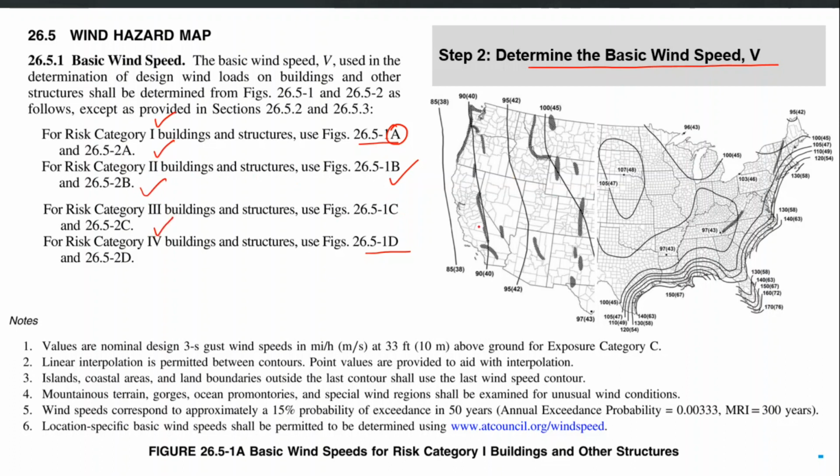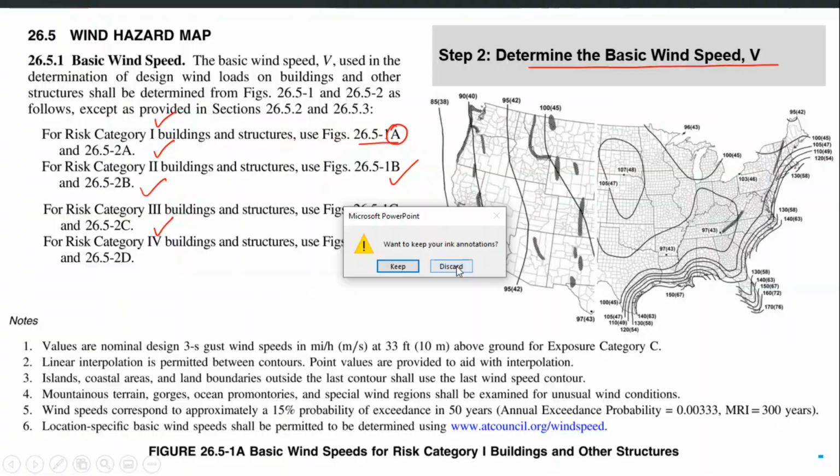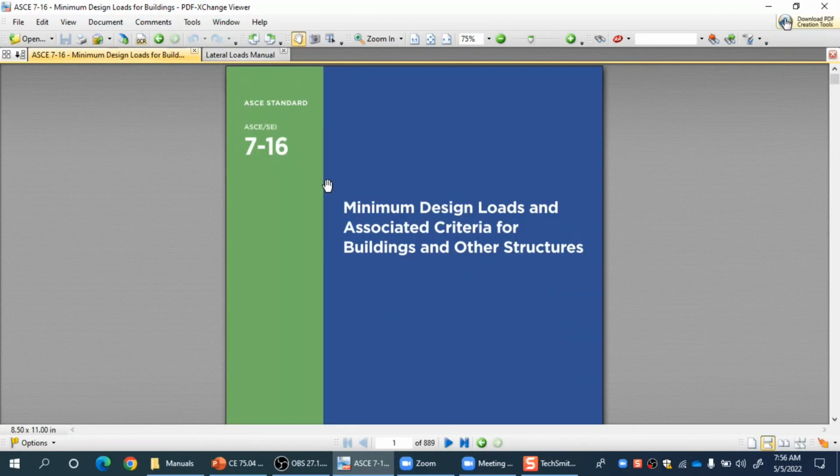So let's quickly go through these figures in ASCE 7-16 and then come back here, because I actually want to show you the criteria on which these figures, these hazard maps for the design wind speed, are developed. So here I have ASCE 7-16.